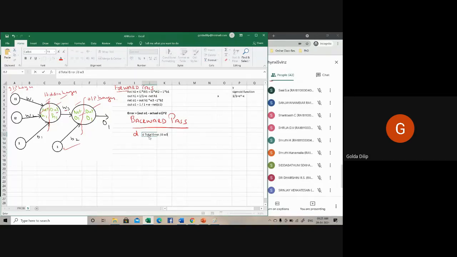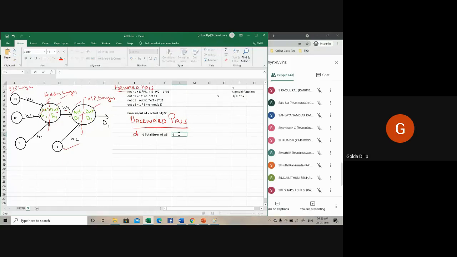To do this calculation, we have to make use of what is called the chain rule. Have you learned about this chain rule in your neurophysics? The people who have done neurophysics? Chain rule, basic calculus only, no, ma'am. Yes, basic calculus. Forget about neurophysics. You would have learned it in your basic differential calculus. So the same thing.